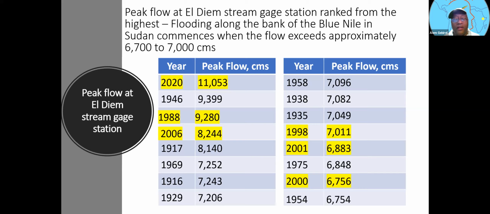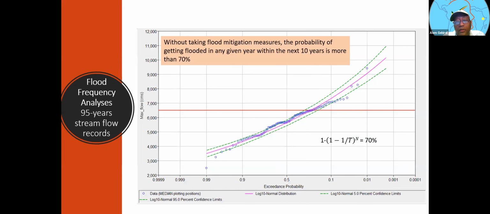I don't live in the area, so I don't have a very accurate picture of where the water gets out, but this gives you a general picture. As engineers and hydrologists, we do statistical analysis and determine the frequency of occurrence. Let's go to the next slide and show you the analysis I did.